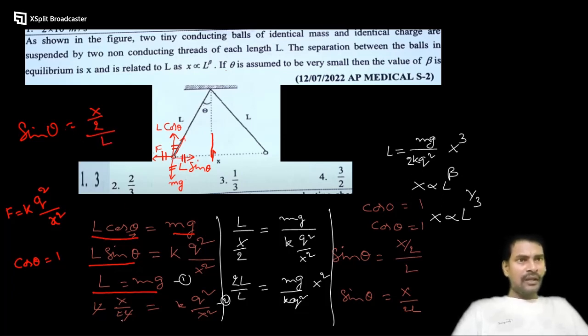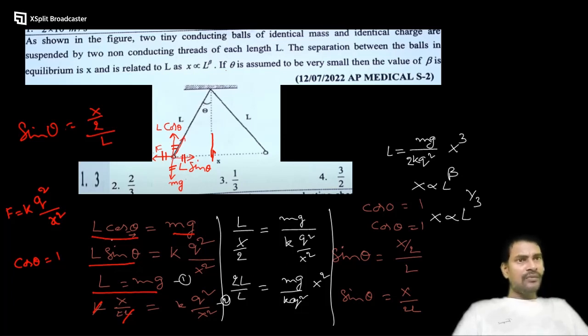So I got x by 2L. So actually we have T sin theta. That's why this L and this L will be cancelled. I am left with x by 2 is equal to, see, T sin theta is equal to F. That F is k into q square by x square. So what I got is x by 2 is equal to k into q square by x square.